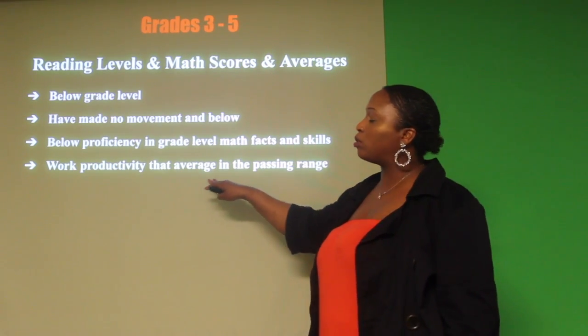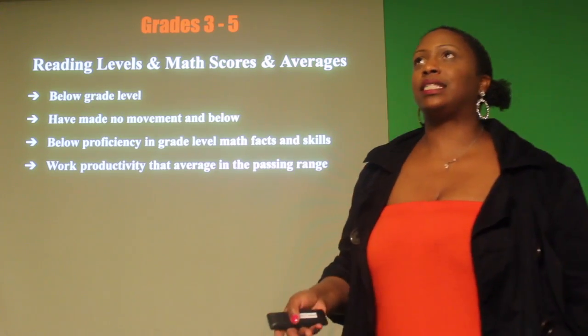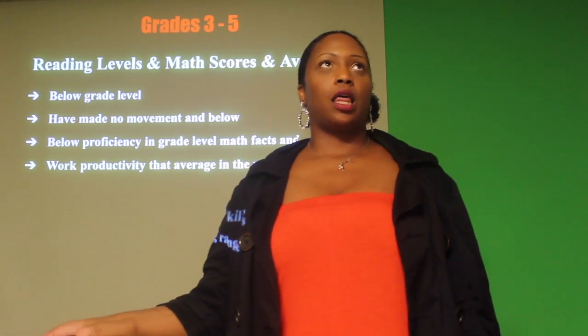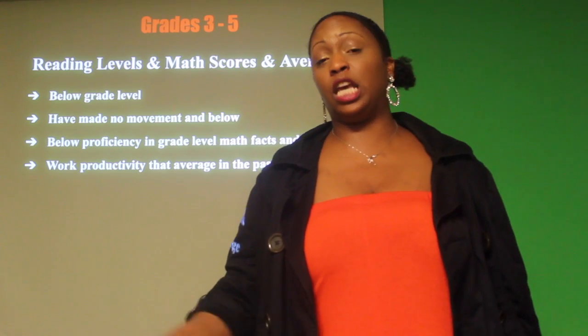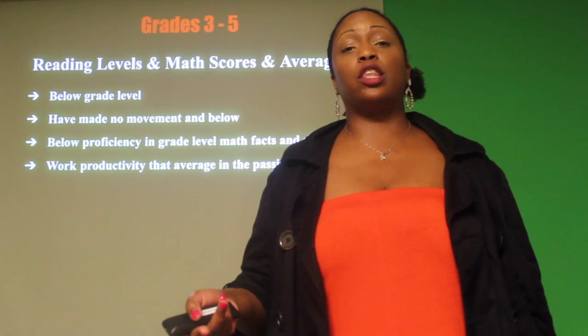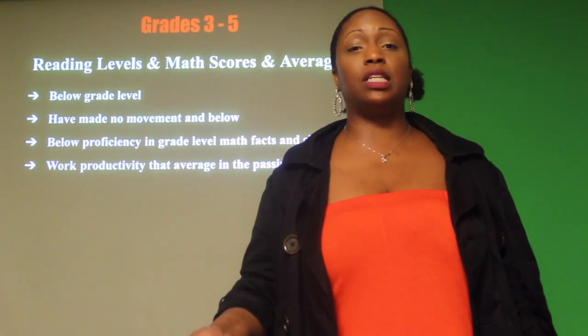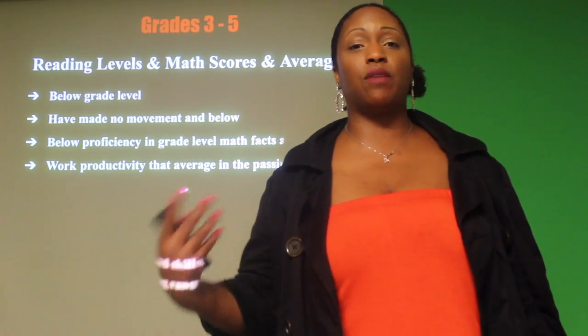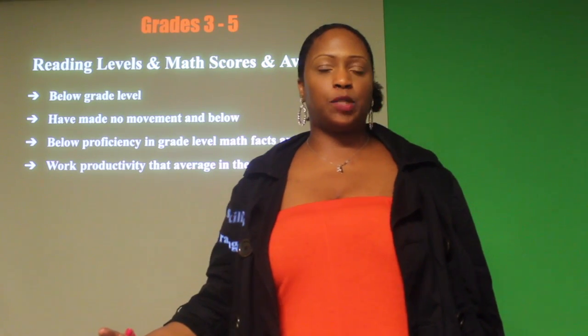So if their work productivity, so if they get, let's say, 30 assignments in a marking period for reading, and their score was a 79, their average was a 79, of course that's passing.